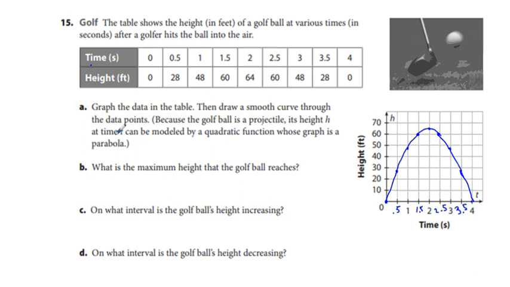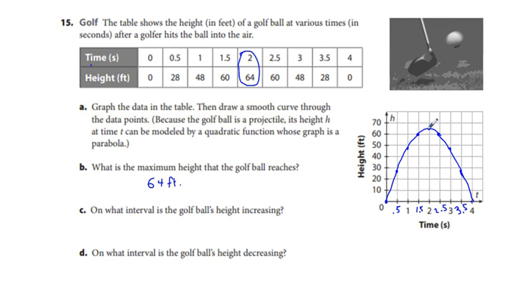So that's part A. What is the maximum height that the ball reaches? Well, it looks like at 2 seconds, we are at 64 feet. So the answer to part B is 64 feet. On what interval is the golf ball's height increasing?